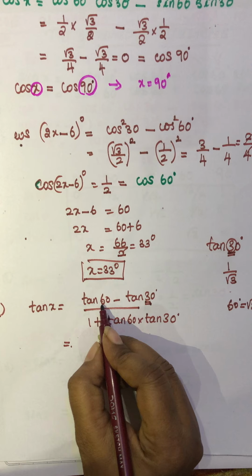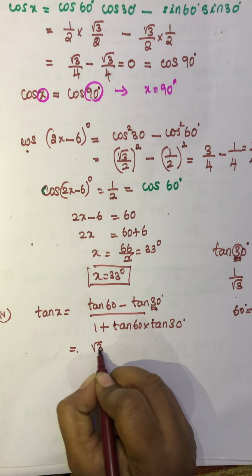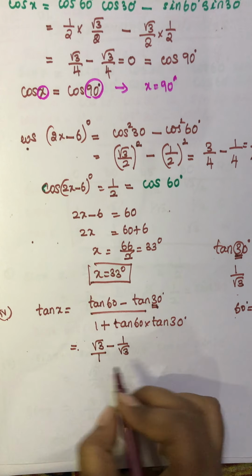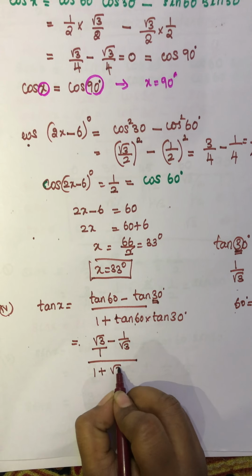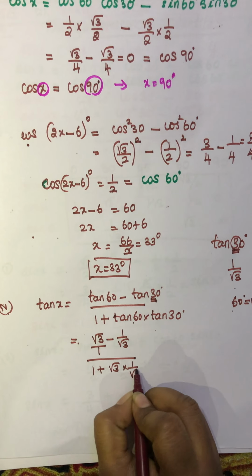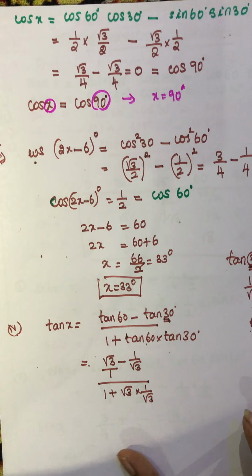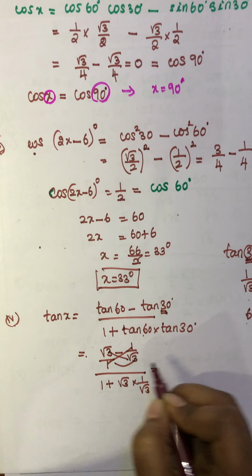Okay, see, tan 60's value is root 3. So root 3 minus 1 by root 3, all by 1 plus root 3 into 1 by root 3. So we have just substituted the values. Now this is cross multiplication.